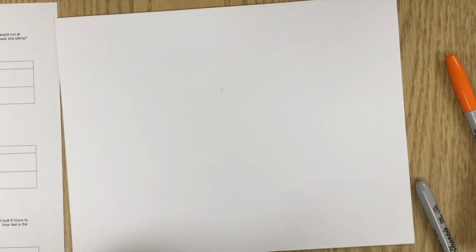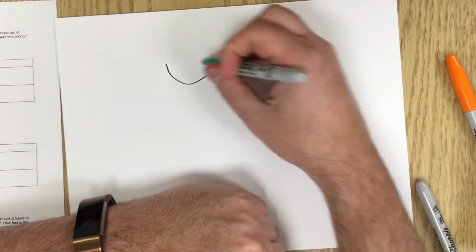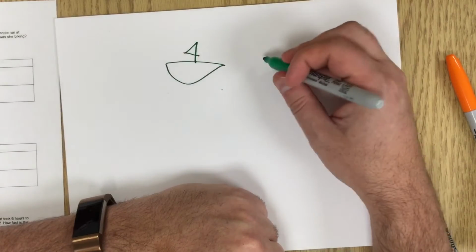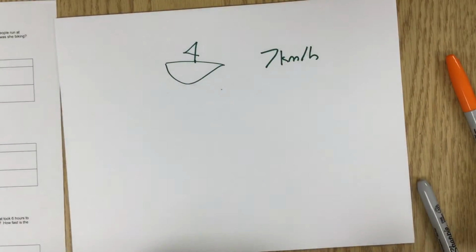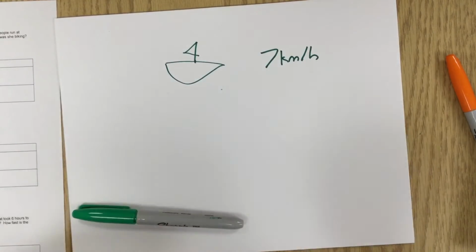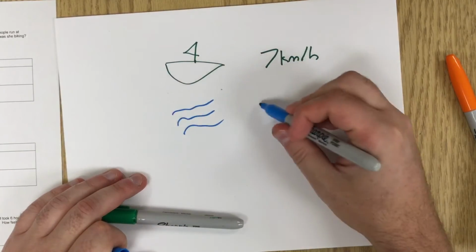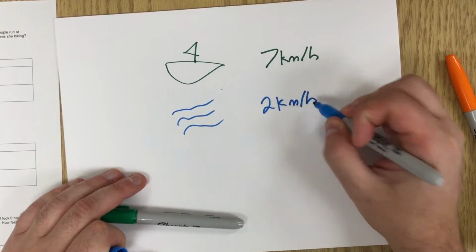So just a quick demo. Let's say you have a boat, and it moves at 7 kilometers an hour. And then the water moves at 2 kilometers an hour.